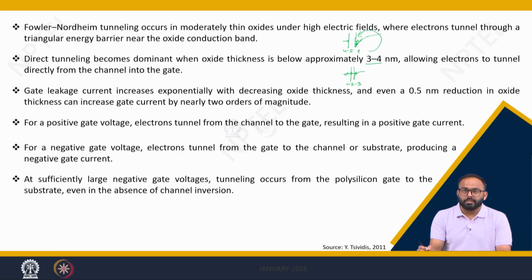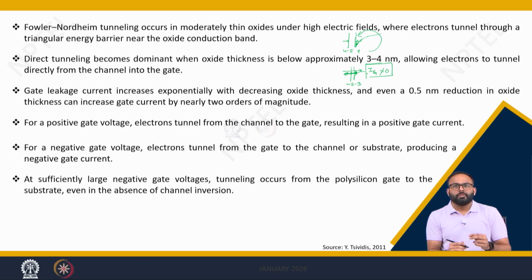In both cases, the electron moves from the substrate to the gate and constitutes a gate current. So that is why a DC gate current is non-zero when the oxide thickness is very small, correct.